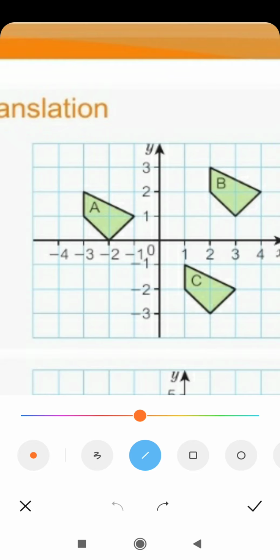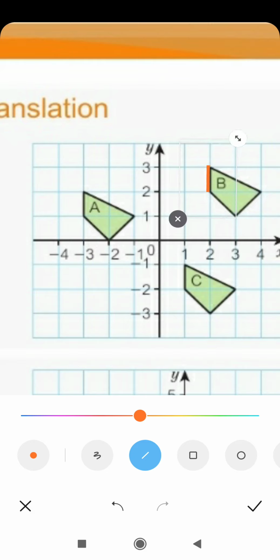Now, how does that happen? It means that we moved here and then like this. First we moved like this. You see that? Let me make it bigger. We move from here to here. And then we moved from here to here. Do you see that?